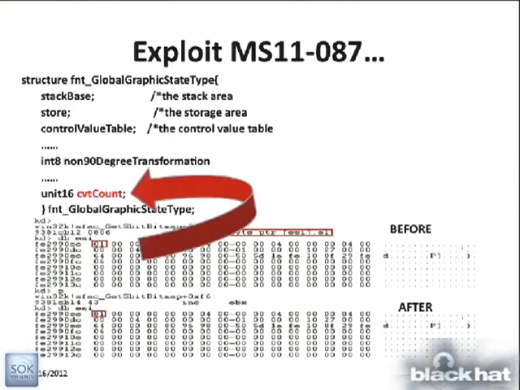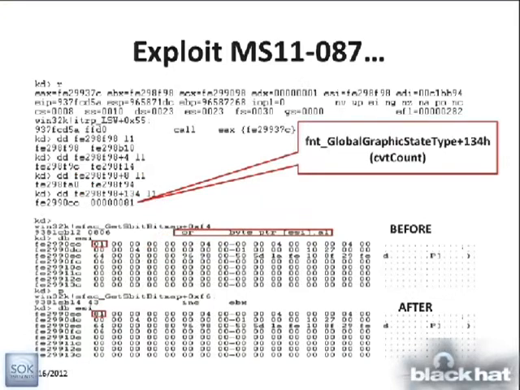The override issue happens at cvtCount in the structure of fnt_GlobalGraphicStateType. The original value of cvtCount should be 1, but due to the override incident, it changed to 81. This will misuse the function to call other offset addresses within the TTF font file data, where an exploit shellcode could be placed at this offset address.